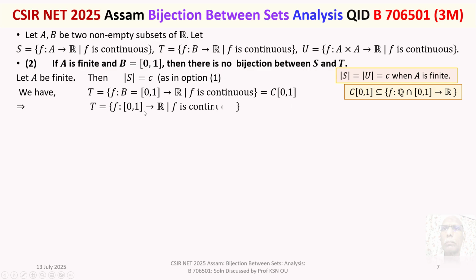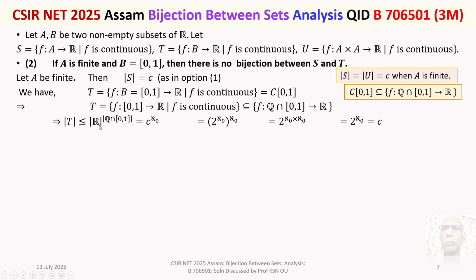Therefore, T is C[0,1], contained in the set of all f from Q intersection [0,1] to R. Now, the cardinality of T is less than or equal to the cardinality of this. What is the cardinality of this?